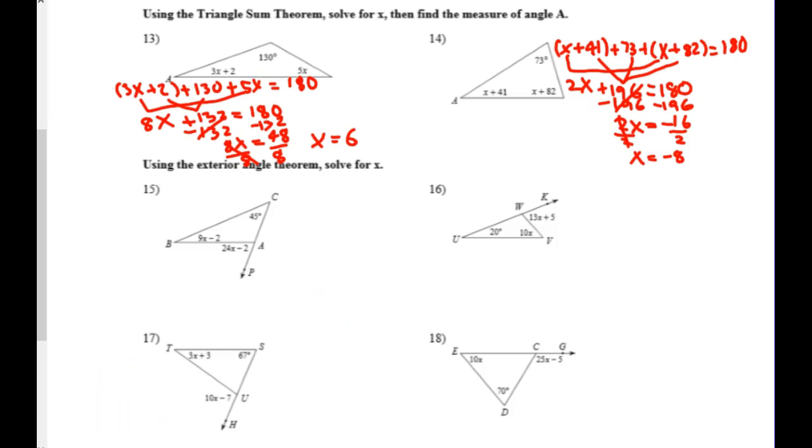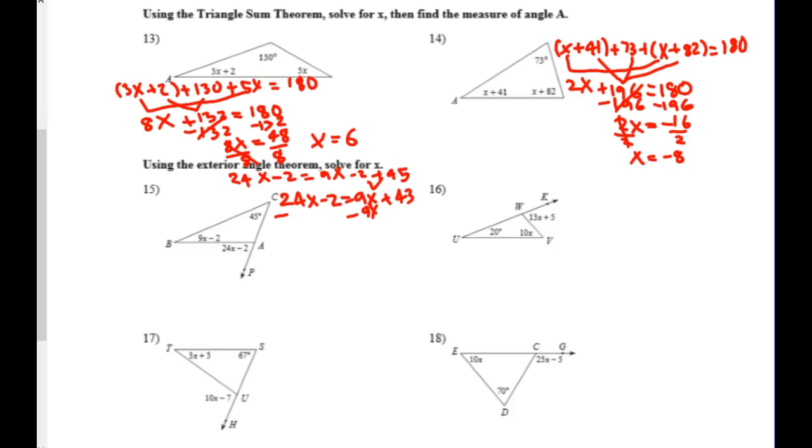Outside, 24x minus 2 equals 9x minus 2 plus 45. Right here, I'm adding up the two remote interior angles. Same process. Combine like terms and then solve for x. The negative 2 plus 45 is 43.